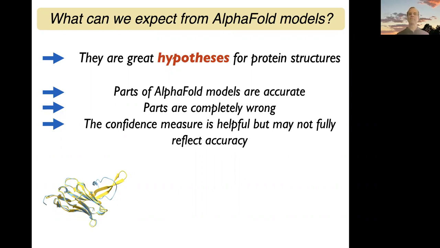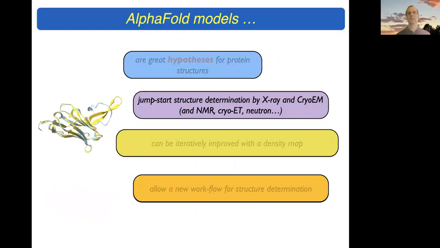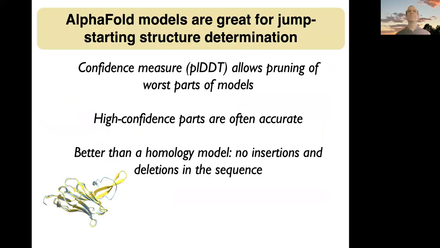Okay, so what can we do with these? A lot. We're going to jumpstart structure determination, and I'm going to give you a couple examples of how to do that. And everything that I'm talking about today, you can do today. So what about AlphaFold models makes them good for jumpstarting structure determination?